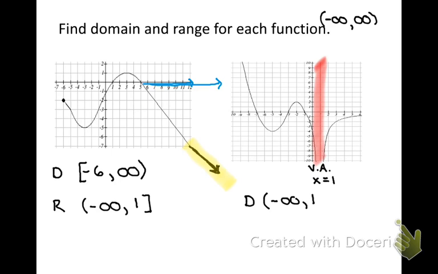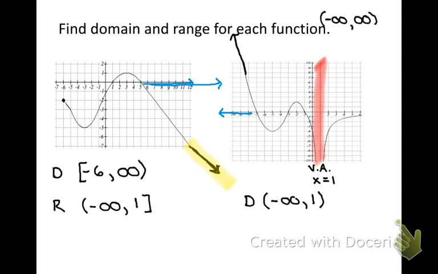This is a similar situation to the last graph, where this is just going to keep going and going, so my x values are going further and further to the left, towards negative infinity. On the right-hand side, because there's a vertical asymptote at 1, my graph is never actually going to touch 1. 1 is not going to be included, so that 1 is going to get a parenthesis. Anytime we have a vertical asymptote, that vertical asymptote x value is always going to get a parenthesis.